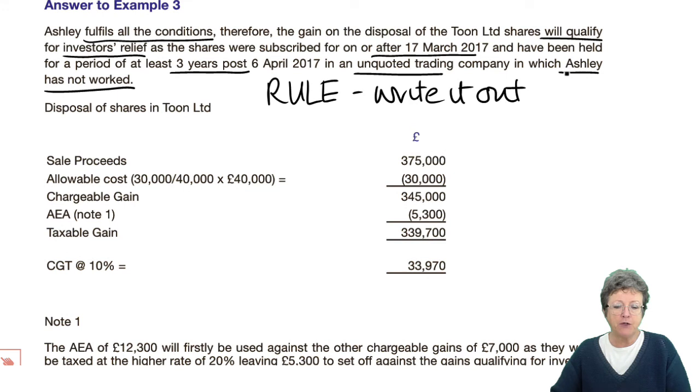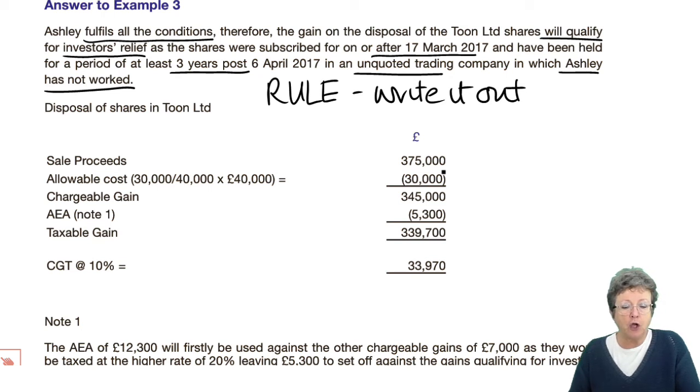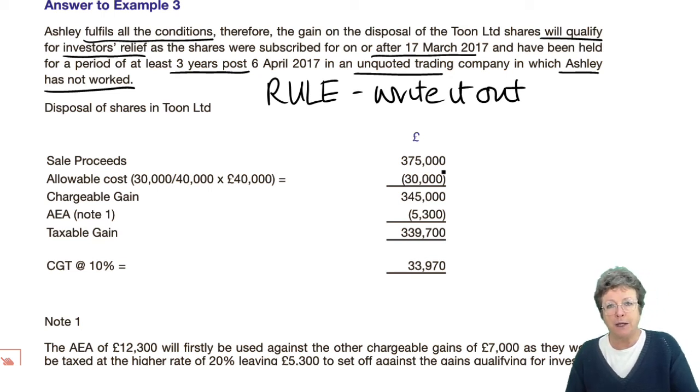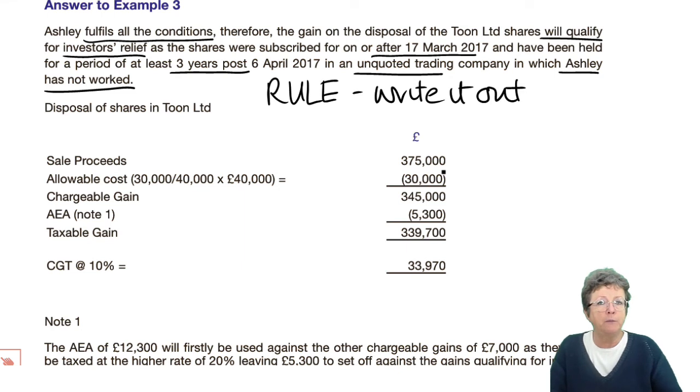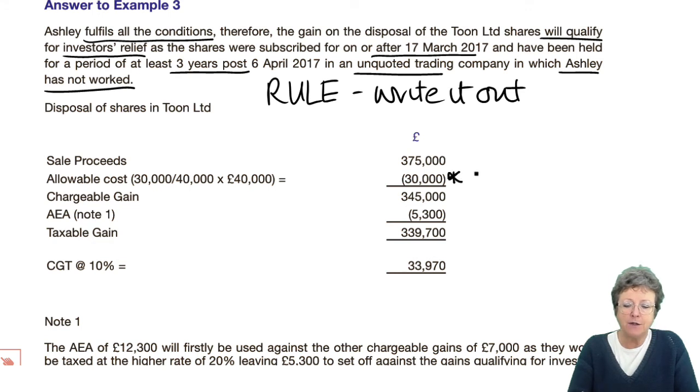So we have proceeds of 375,000. Now, the original shares cost £40,000. We haven't sold all of them. We've only sold 30,000 of those 40,000 shares. So this here is the proportion of the cost.